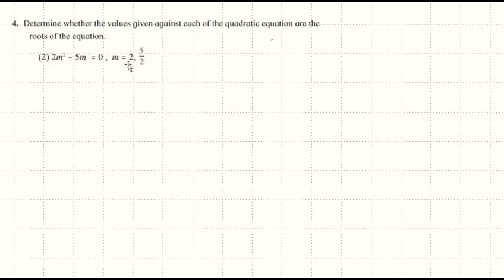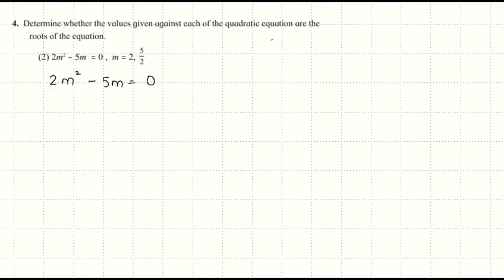Similarly, we have another equation given and we have to determine whether the values given against each of the quadratic equation are the roots of the equation. So here we need to first substitute m is equal to 2 in given equation, and then we need to substitute m is equal to 5 upon 2 in given equation and check if we get LHS as 0. Let's write down the equation. 2m square minus 5m is equal to 0. This is given.